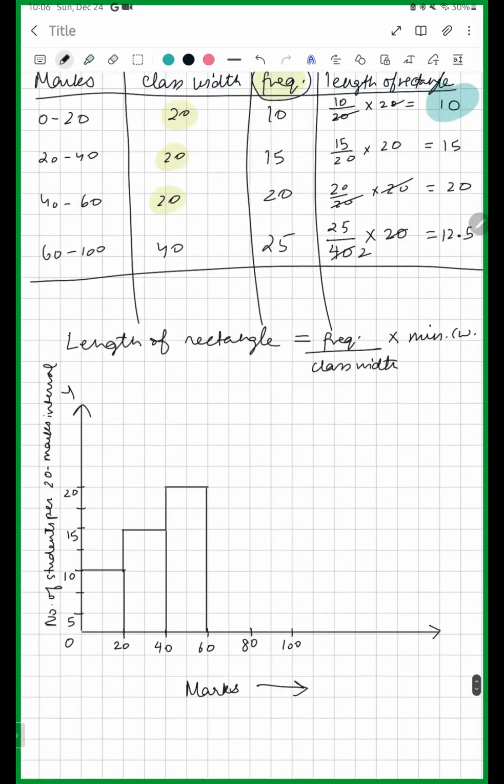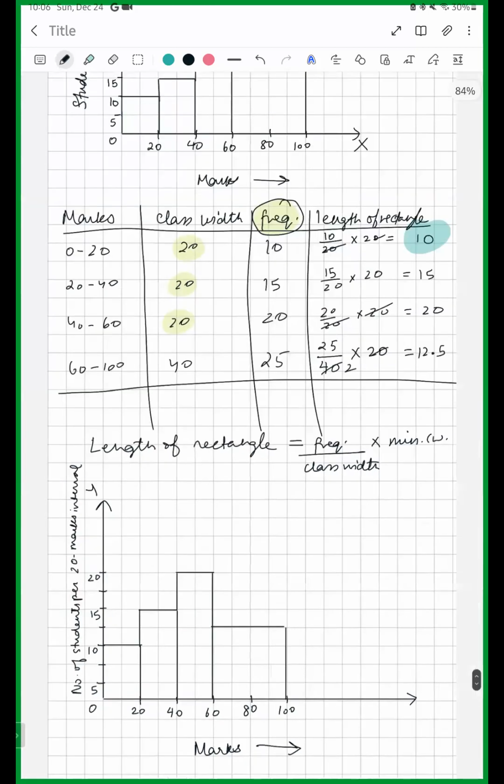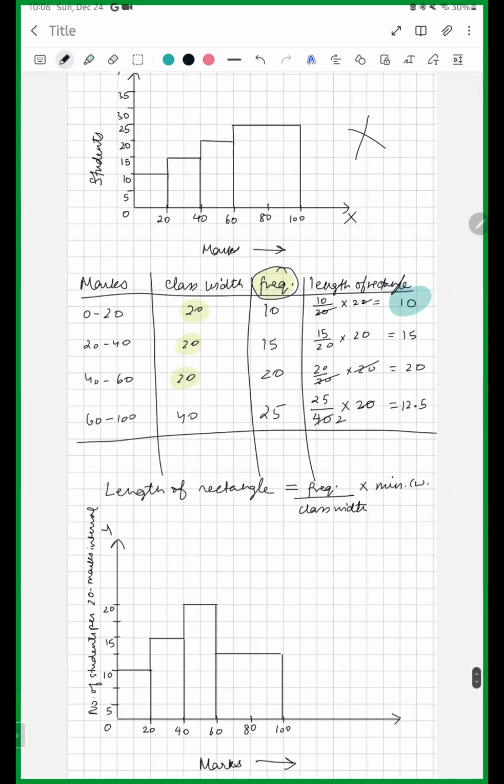Now, here is the part where it's supposed to be different. 60 to 100, it will be 12.5. So 12.5 lies exactly between 10 and 15. So it will be this one till 100. So now this is what our histogram is supposed to look like, not this one.